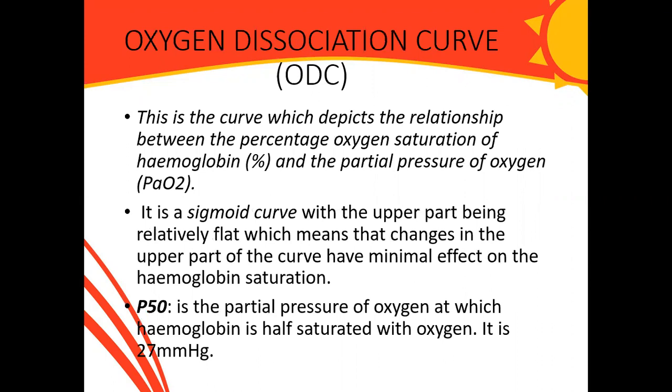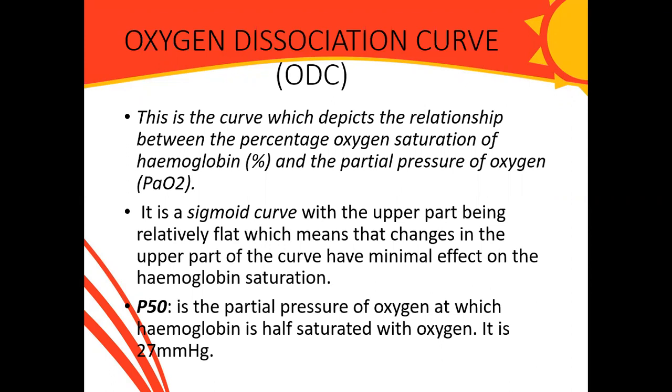The oxygen dissociation curve, we're just reminding ourselves, depicts the relationship between the percentage oxygen saturation of hemoglobin and the partial pressure of oxygen. And I told you that this reflects the amount of oxygen that is dissolved in plasma. This curve is sigmoid in shape with the upper part being flat, which means that no matter how high the partial pressure of oxygen is, the hemoglobin saturation of oxygen does not change.